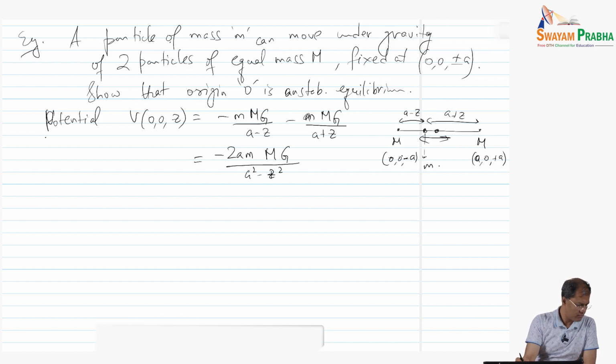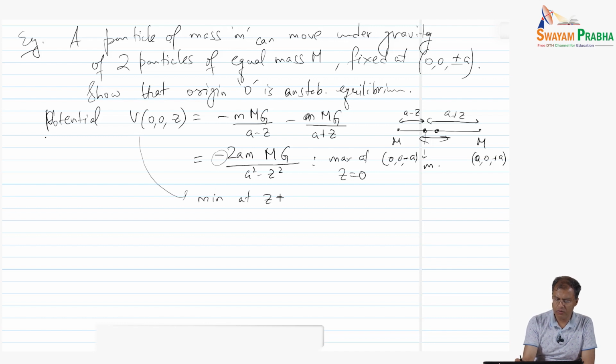We see that this is equal to minus 2 a m M G divided by a squared minus z squared, right? And we expect this to have a maxima at z equal to 0. Hold on, I think something is missing; let me take this statement back.